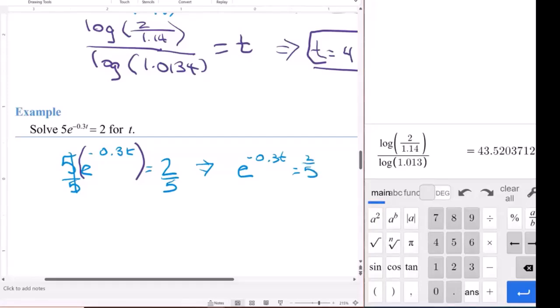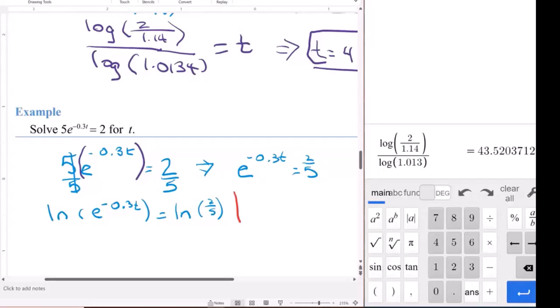Now I want to use my inverse function. My inverse of the exponential function where the base is e, the best way to do that is to take ln of e to the minus 0.3t equals ln of 2/5. Why am I picking ln?